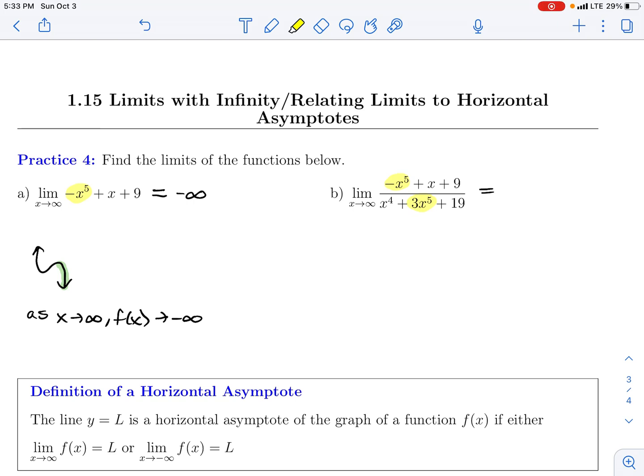Since their degrees are the same, I need to take the ratio of the coefficients. I need to divide those coefficients. So I know that this limit is going to be negative 1/3. Because for end behavior, as x approaches infinity, f of x approaches negative 1/3, and as x approaches negative infinity, f of x approaches negative 1/3.